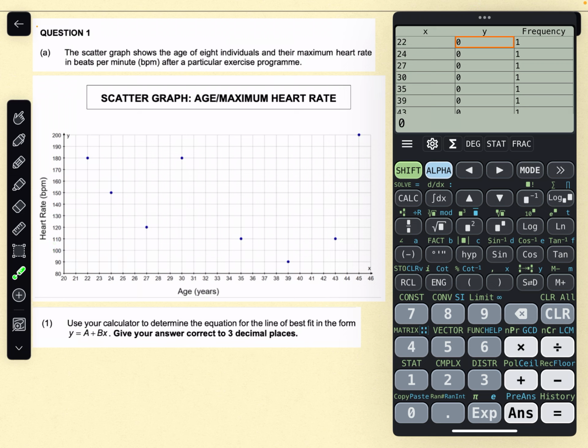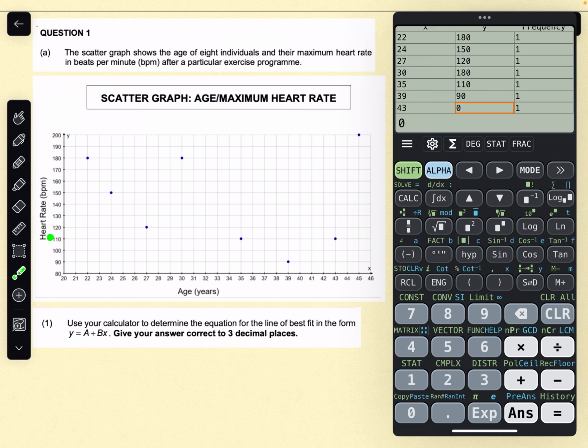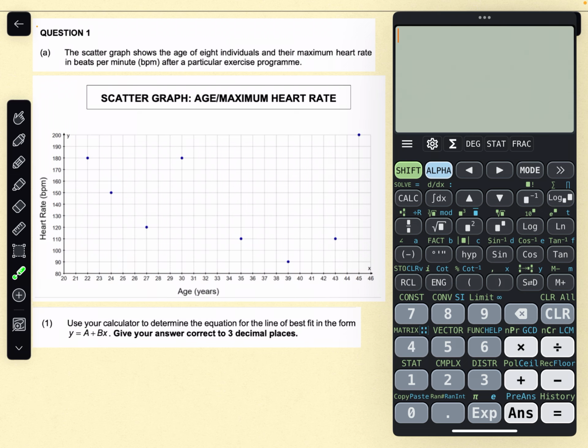This one was 180, this one was 150, this one was 120, the next one was also 180, the next one was 110, the next one was 90, the following one was 110 as well, and then the last one was 200. Right, so my data is all stored and all is well.